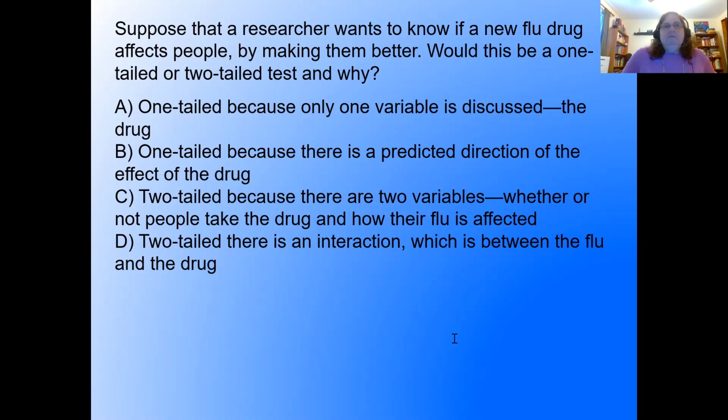If we had said by making them different, that would have been two-tailed. Okay. If the new flu drug would affect people in some way, not specific, two-tailed. But when you see a direction, it's one-tailed. Okay.